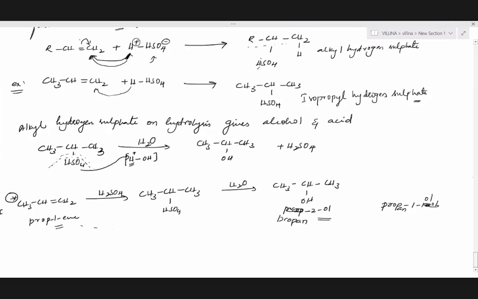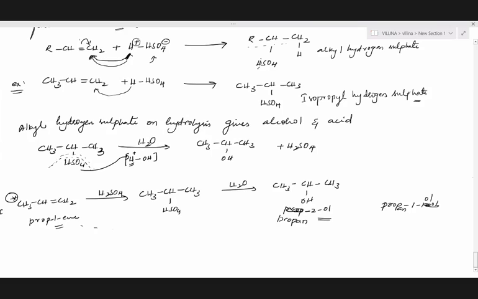So if we take the same reaction, that is isopropyl hydrogen sulfate, which is CH3, CH, HSO4 and CH2, on hydrolysis, hydrolysis in the sense of addition of water.